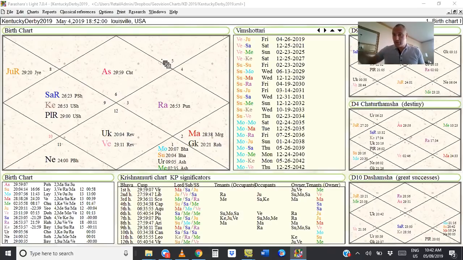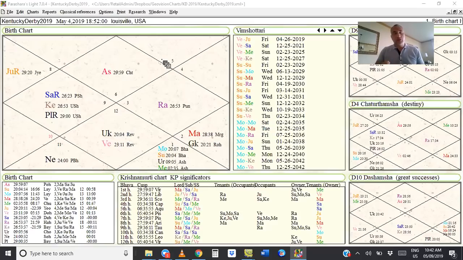Spica, one of the brighter stars in the sky, for most people in their personal horoscopes is a positive influence. It's a soft, sweet, creative kind of influence when it hits sensitive points in your chart. But when it hits a sensitive point in the chart of an event, like a competitive event, it will tend to wreak havoc for the favorites.